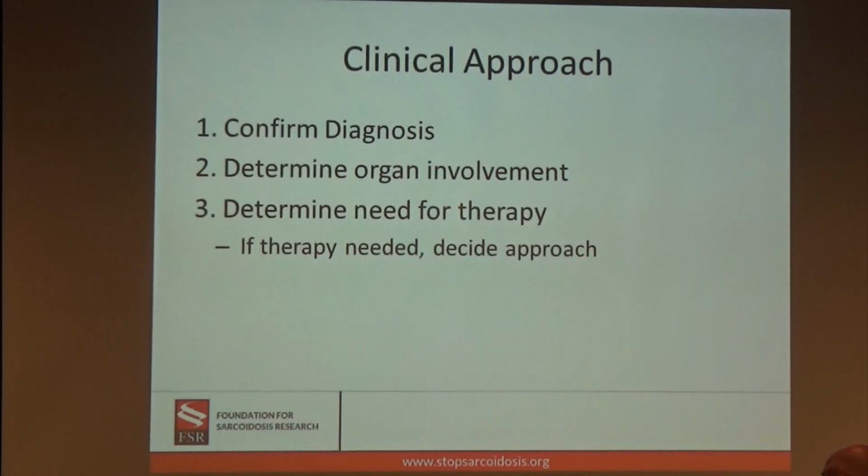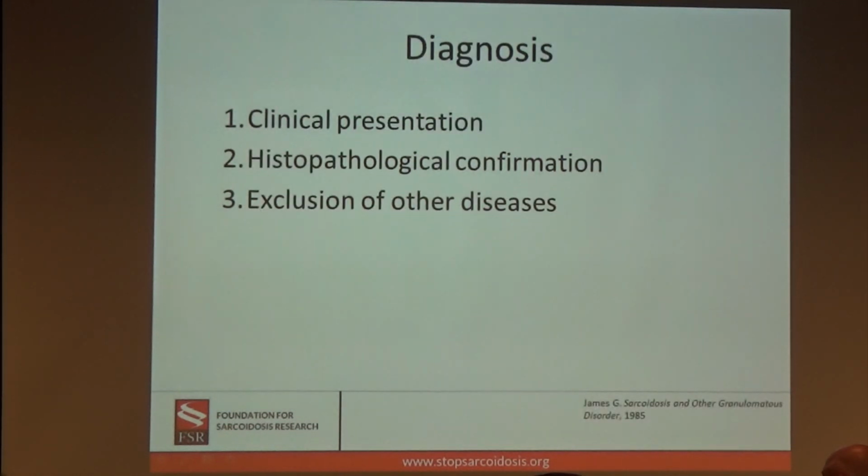So not everybody needs therapy. In the third step, what I decide is, does my patient need therapy? If they do need it, what's going to be my approach? In general, my approach always is the least amount of steroids that we can do.